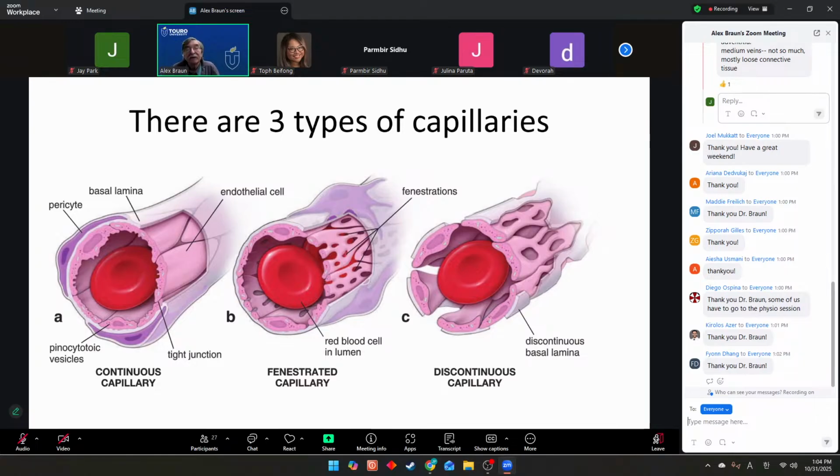Another feature of these sinusoidal capillaries is that they tend to be wider than the other types of capillaries. When blood vessels are wider, there's slower flow of blood within them. The slowing of blood flow helps maximize the amount of exchange which is occurring between the blood and the parenchyma.